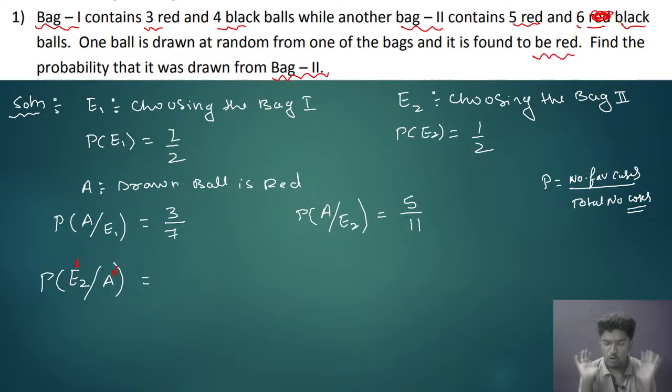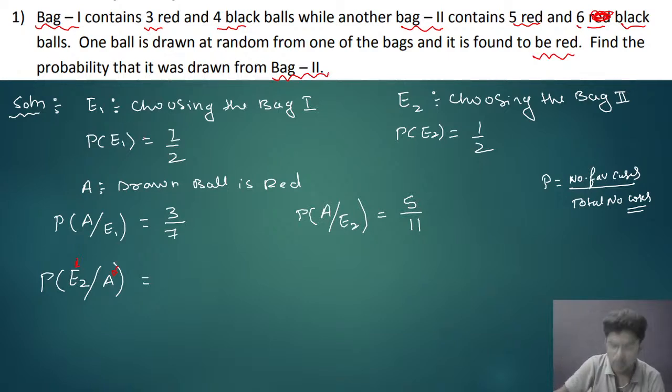Then that is over. Now I ask you to calculate the probability that the red ball you have taken out is from bag 2. You're getting my point? That probability you have to calculate. This is the problem.